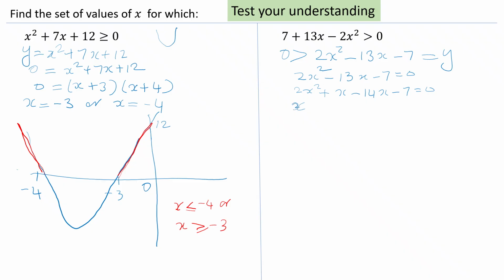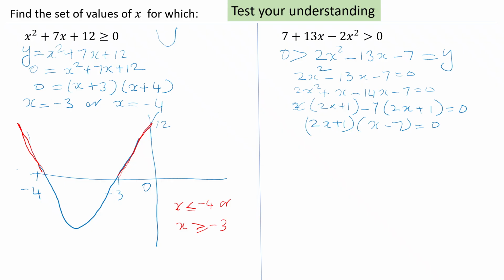Take x out of the bracket: x times 2x plus 1, minus 7 times 2x plus 1. So 2x plus 1 times x minus 7 equals 0.